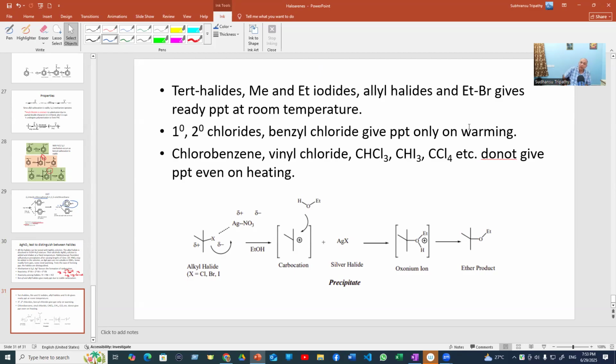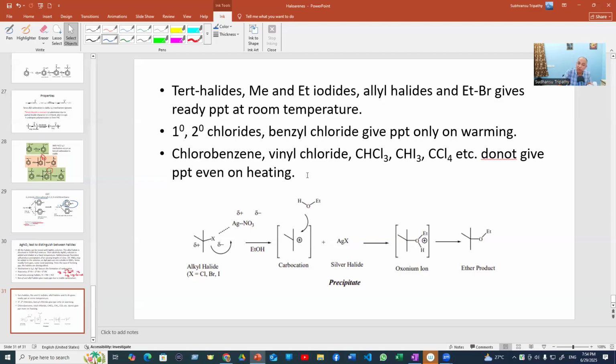But others which have unstable carbocations give a precipitate on heating. For example, 1 degree and 2 degree chlorides, even benzyl chloride, give a precipitate only on warming. Chlorobenzene, vinyl chloride, chloroform, iodoform, carbon tetrachloride, etc. do not give any precipitate even on heating.